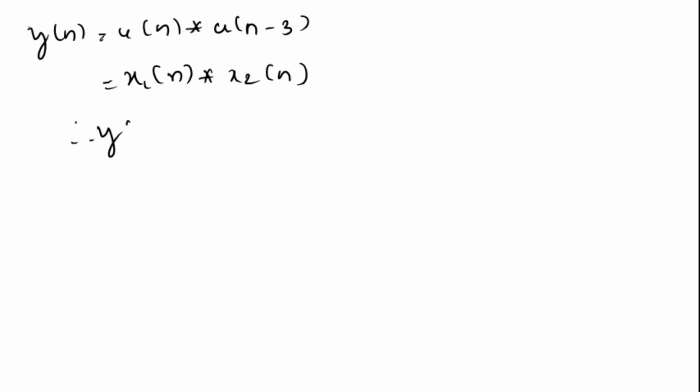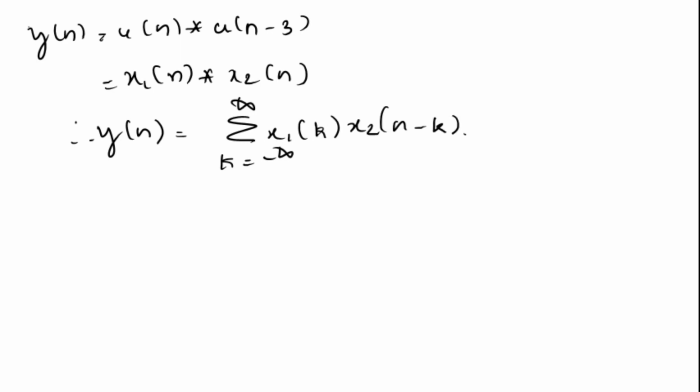Therefore, y of n is equal to summation k is equal to minus infinity to infinity x1 of k into x2 of n minus k.